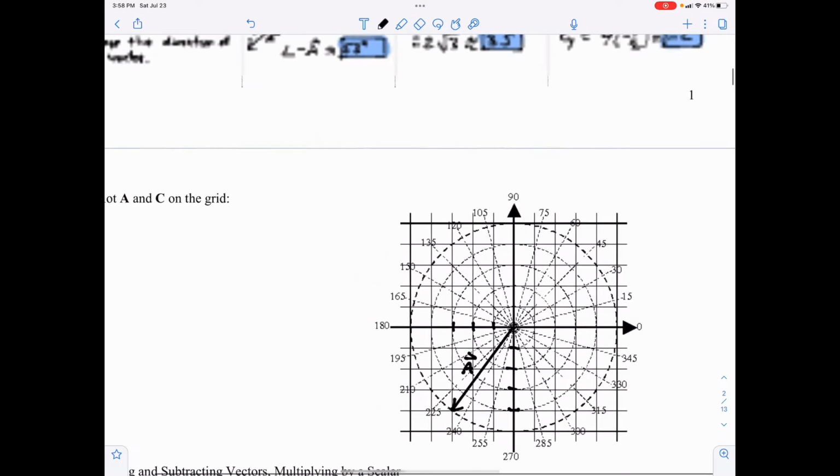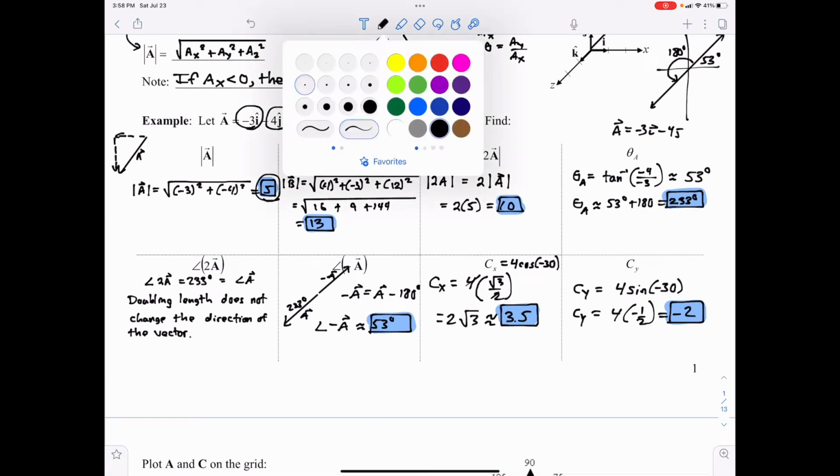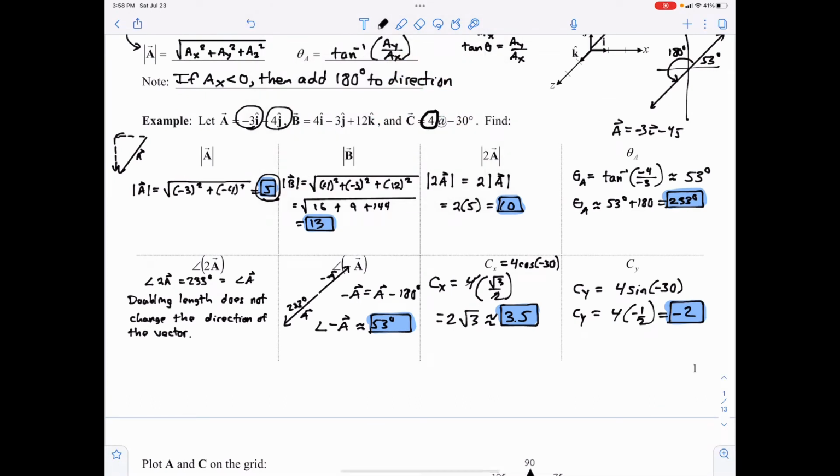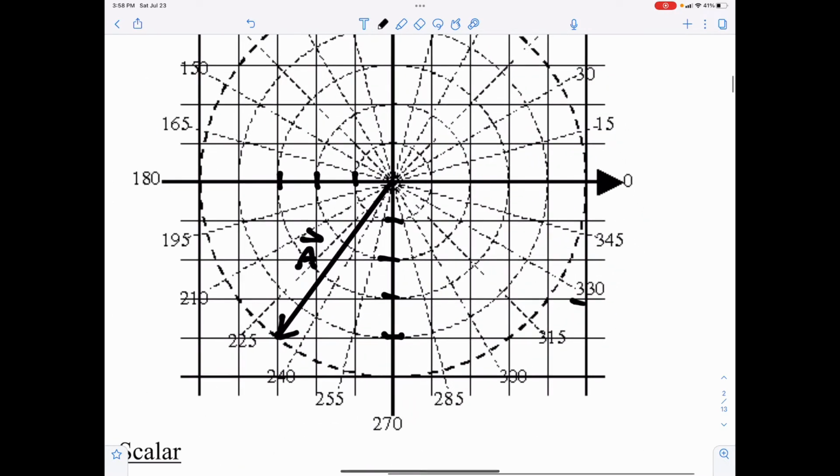Now, vector C, on the other hand, has a magnitude of 4 and an angle of negative 30. So negative 30 would be going clockwise from 0, or remember we said negative 30 is the same as positive 330. Now, the magnitude of 4 would be to the 4th ring. You see the concentric rings here?